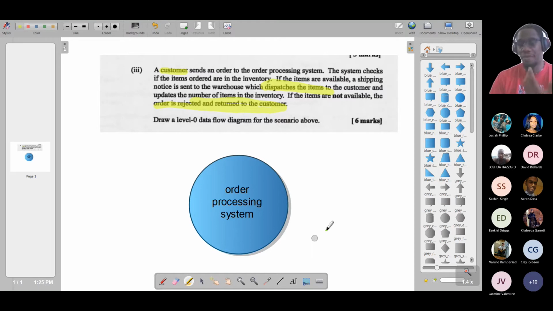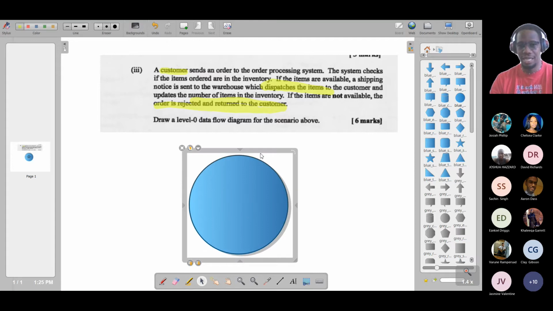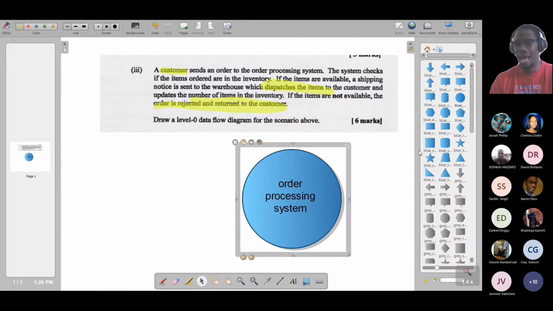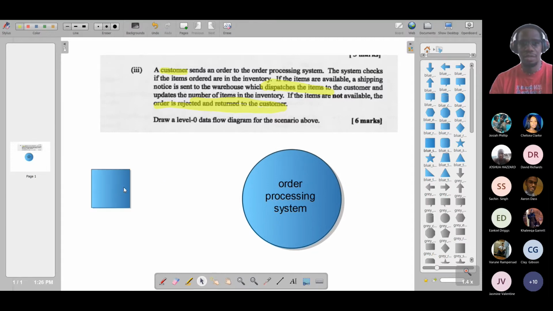So let's do it. So far, the only entity that I see interacting with the system is the customer. Okay? So we have the order processing system, and we have the customer, and the customer is represented like this. And we label customer.